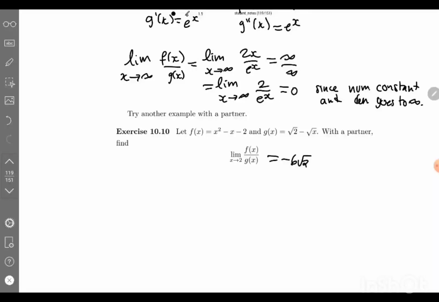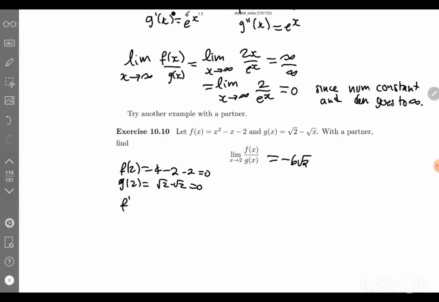That's a good question. Basically we take the derivatives of both things. First you have to show that it's 0 over 0. If I plug in 2 to both, f of 2 is 4 minus 2, which is 0. And g of 2 is square root of 2 minus square root of 2, which equals 0. So the limit is 0 over 0, and we can use L'Hopital's rule.